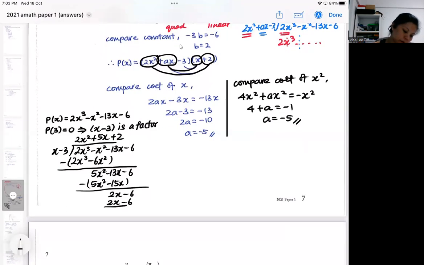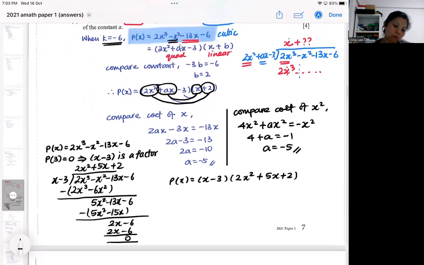If you do it by the normal polynomial method, this is what you will have, and your conclusion will be x minus 3 times 2x squared plus 5x plus 2.